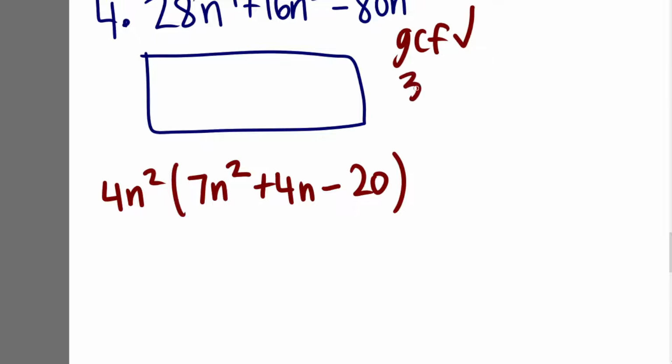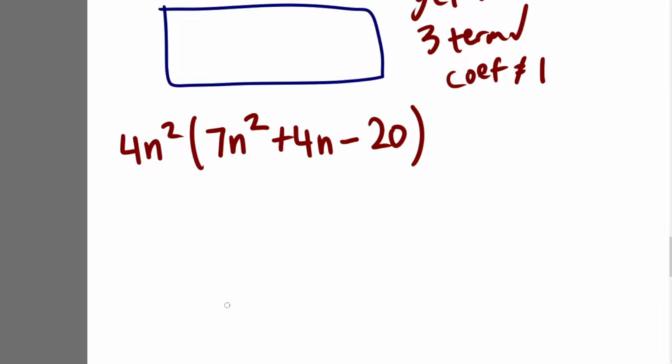And we found that it's a 3-term polynomial, and the coefficient does not equal 1. So we'll be using synthetic factoring. 7 times negative 20 is going to give you negative 140. And we want to find terms that will add together to 4n and multiply together to negative 140.